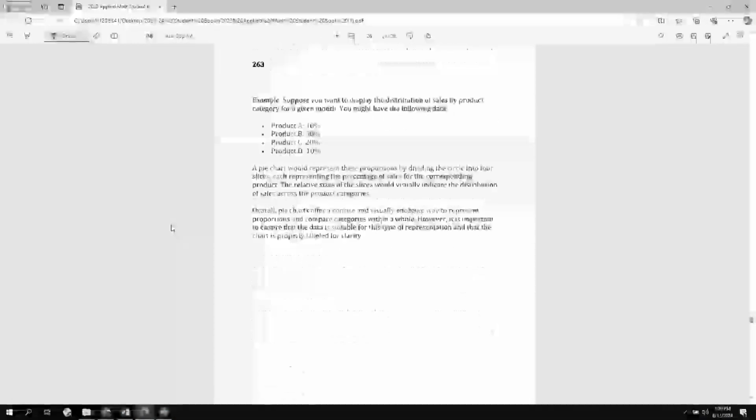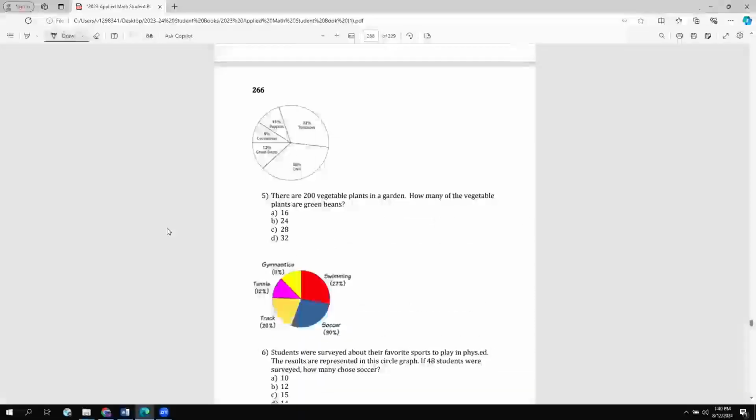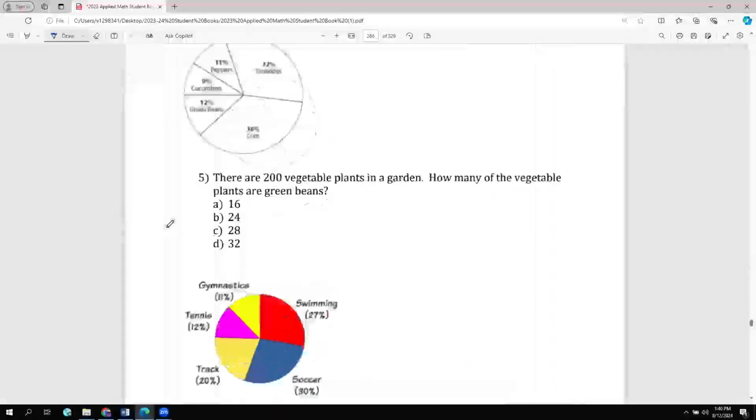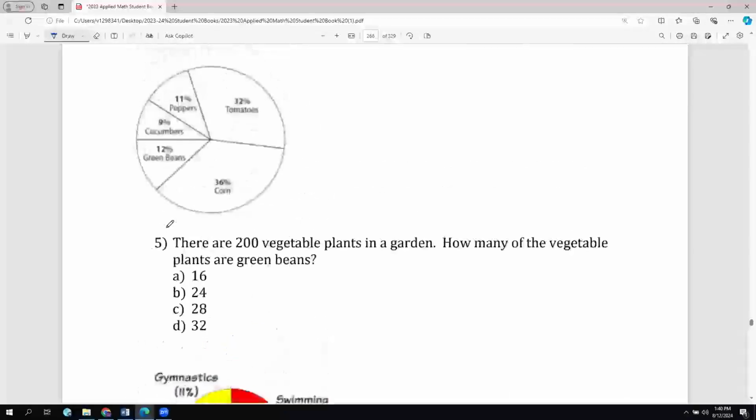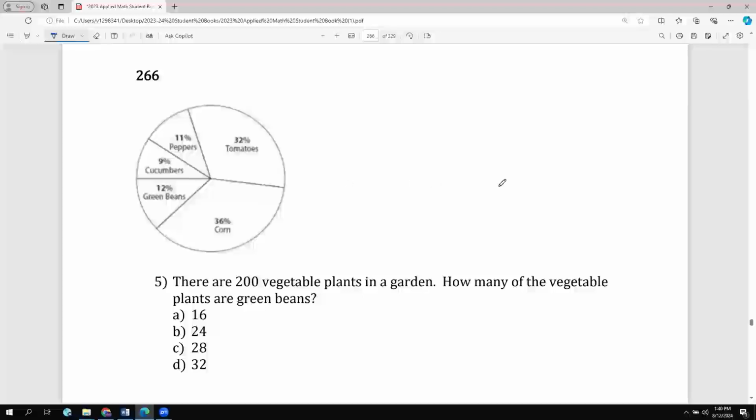Now, when it comes to pie charts, again, they're going to have their own vocabulary, and there are different things you want to look at. So here's my pie chart. Normally we would do the same things that we've been talking about. We would look at our first three indicators. We want to look at the title.